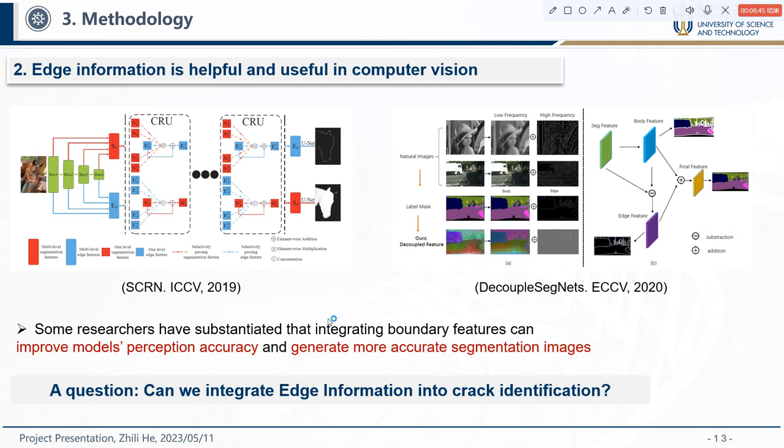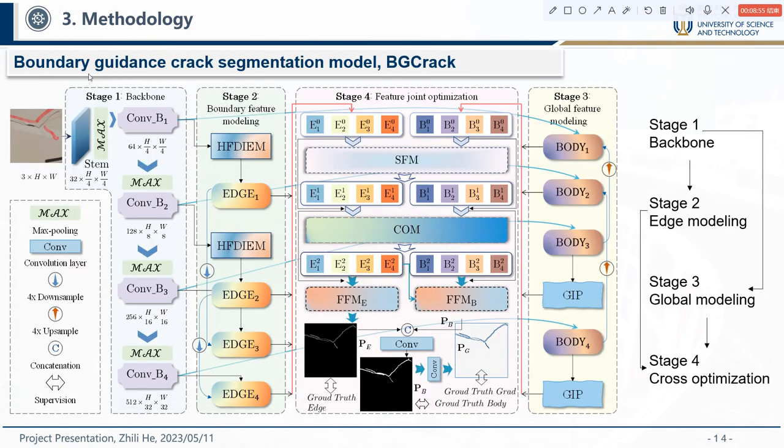So a question: can we integrate edge information into crack identification? With this question in mind, I have made some attempts, and I propose a model named Boundary Guidance Crack Segmentation Model, shortly BGCrack. It includes 4 stages. Stage 1 is the backbone, and its function is to extract the features.